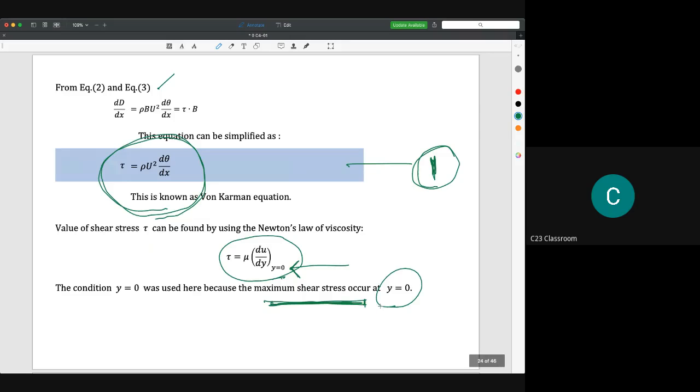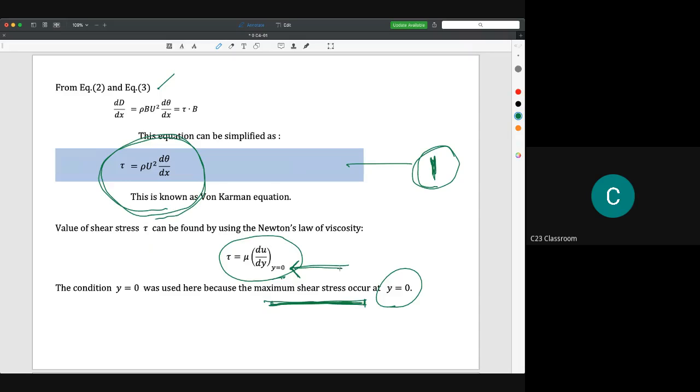So here we have the equation of delta, but the equation of delta is quite straightforward. Then we have the equations of delta star and theta, and I proposed to you the idea of tau from von Karman, and also just to remind you the equation of tau from Newton.